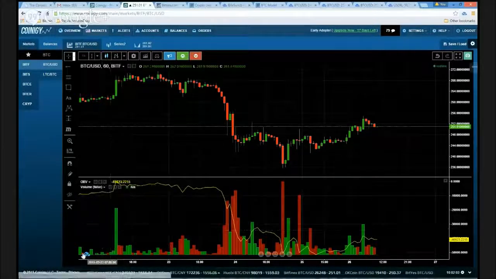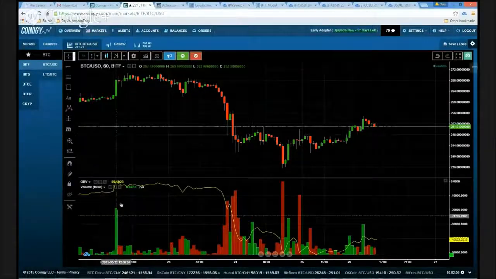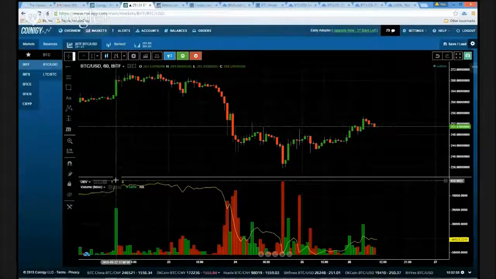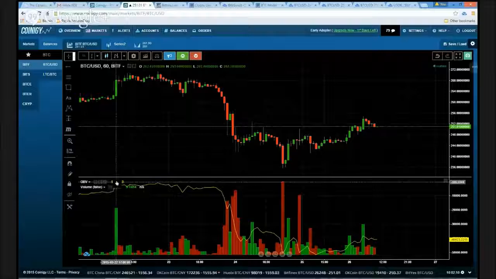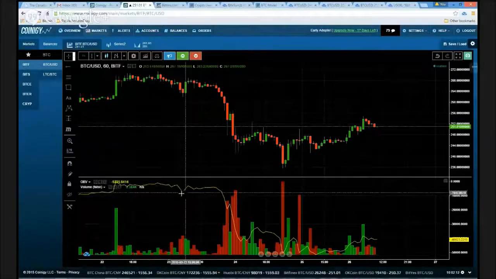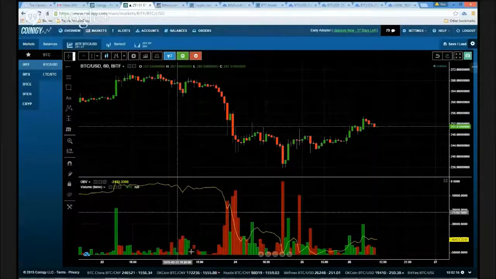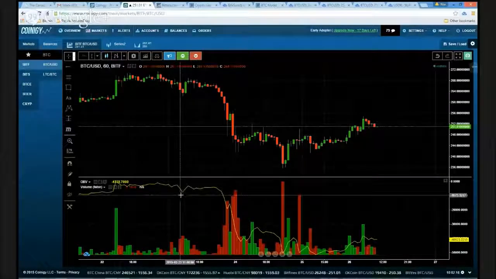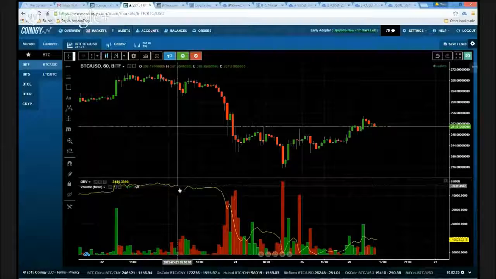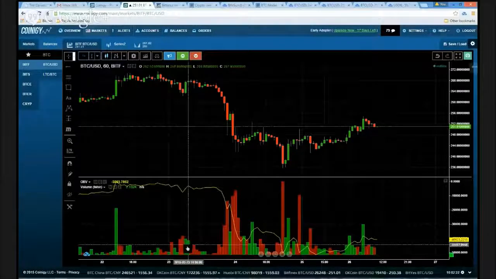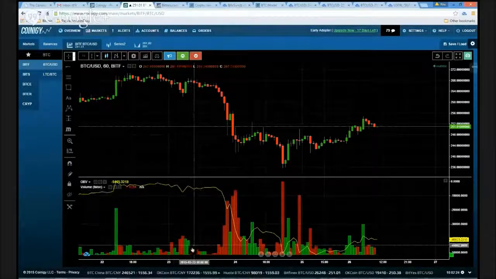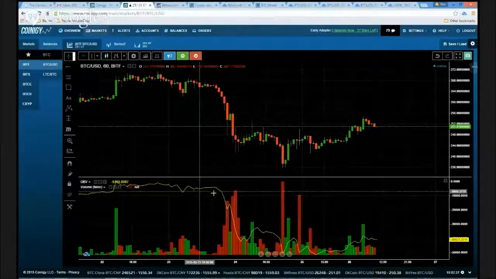You can see, for example, this really big green bar here pushed our OBV indicator to new highs. We waffled here, then you see these selling bars coming in. That's why I like to overlay these, because they often correspond nicely with each other. OBV broke down here, a little bit of up volume and OBV came back, then some more selling brought it back down.